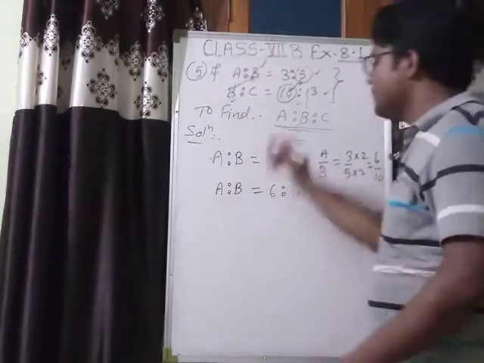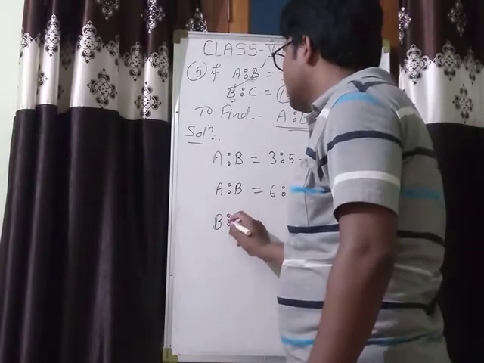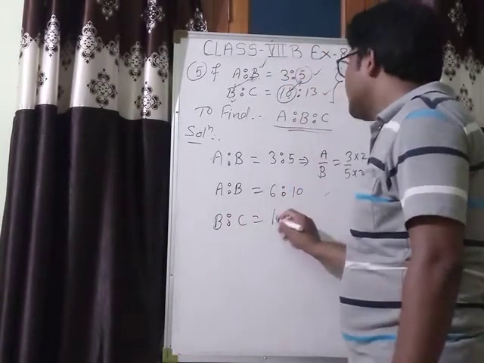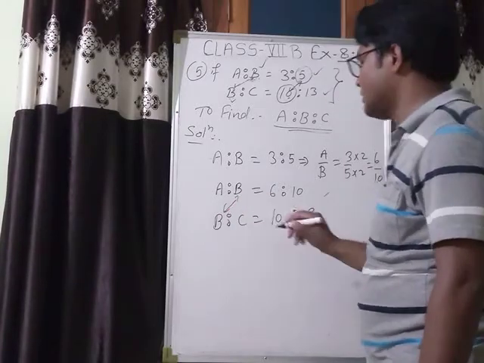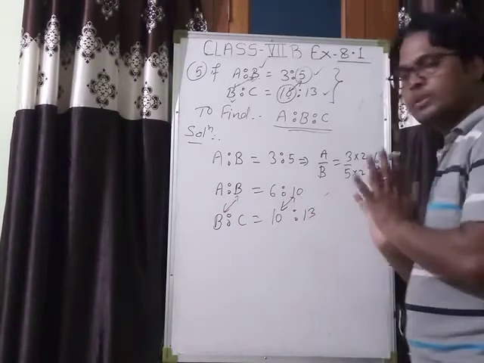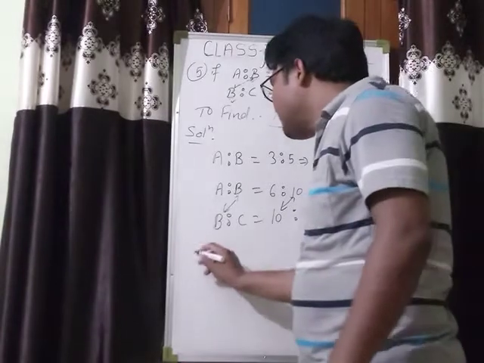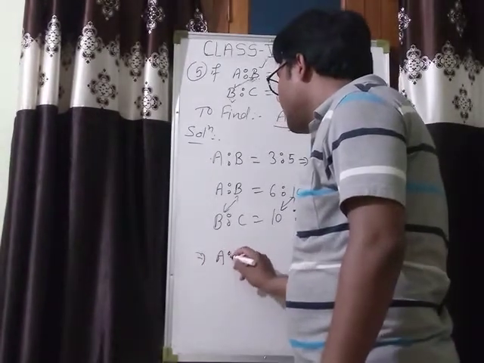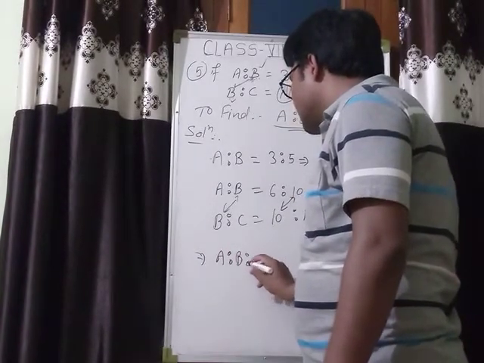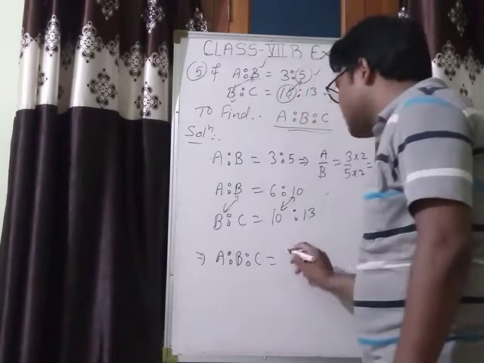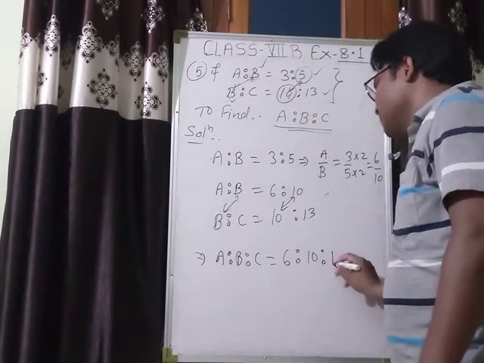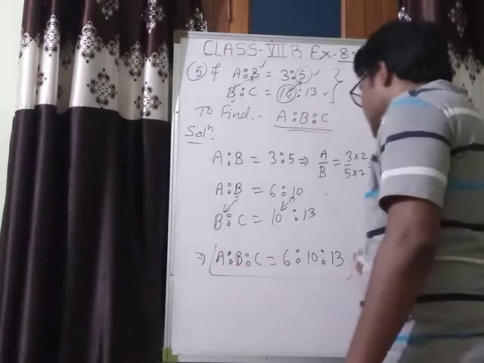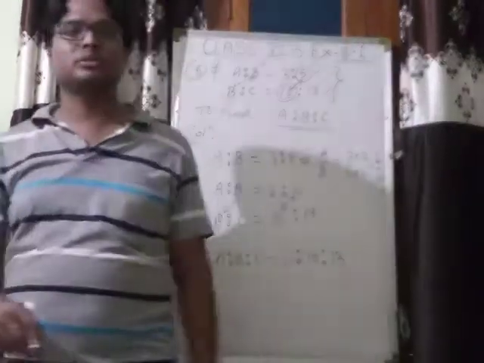Okay? And B is to C is 10 is to 13. Now look at the common place in both, both are the same. So we can simply write A is to B is to C is 6 is to 10 is to 13. Simple. So that is the solution of this question.